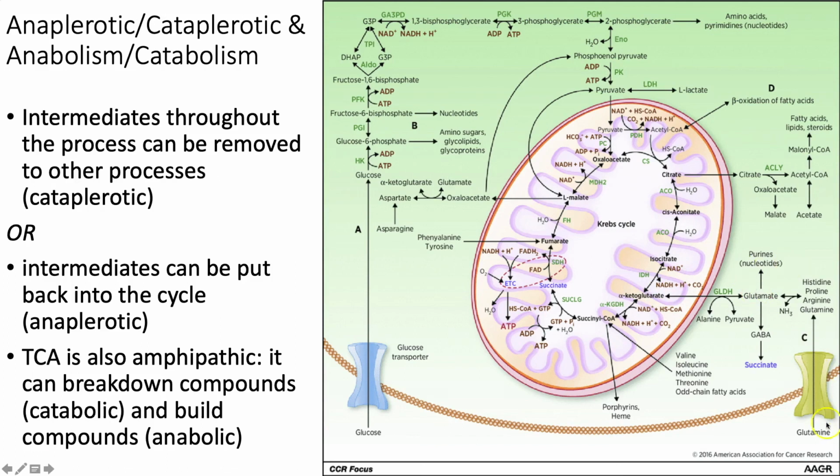If I took glutamate and converted it into α-ketoglutarate and sent it back into the tricarboxylic acid cycle or the citric acid cycle, that's called anaplerotic, which feels kind of backwards to me, but anyway, those are the terms that are used. So if I'm pulling things out of this, I'm catabolizing that product and sending it into a different reaction. And if I'm sending something in, that's anaplerotic. So it kind of makes sense. I'm sending it into here to be generated into something else, so that's anaplerotic. If I'm pulling it out, it's sort of being catabolized for something else.